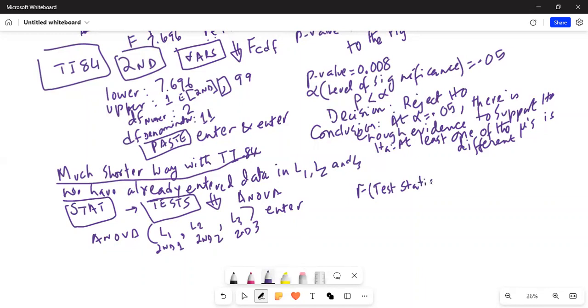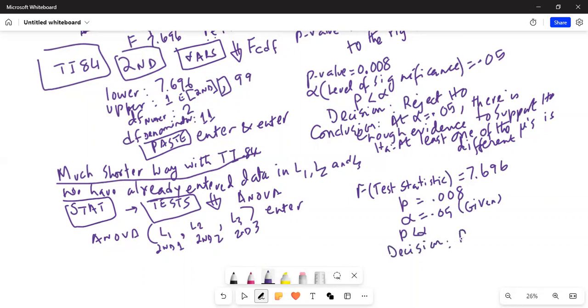The test statistic is 7.696, and your p-value is also 0.008. Again, alpha is given as 0.05. So p is less than alpha. Decision is reject H0. Same as before.